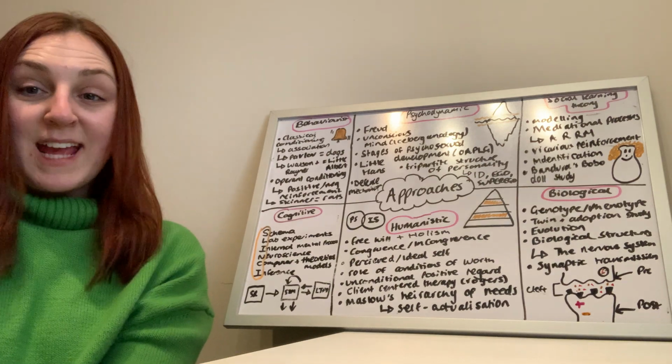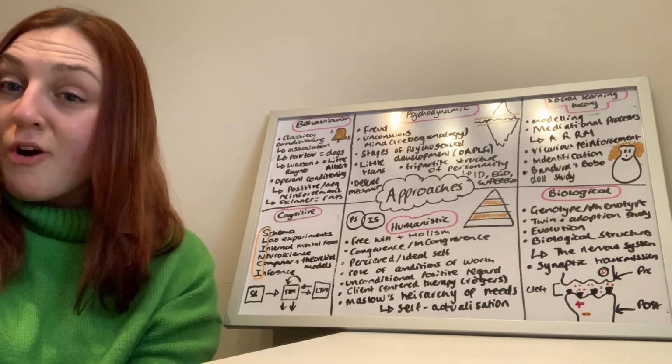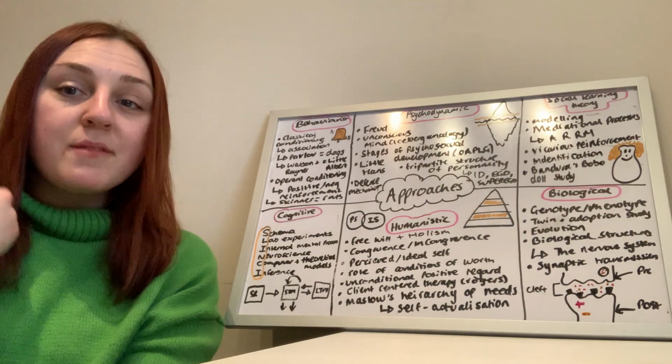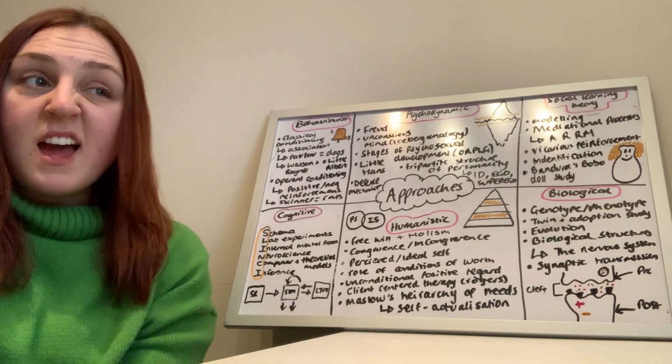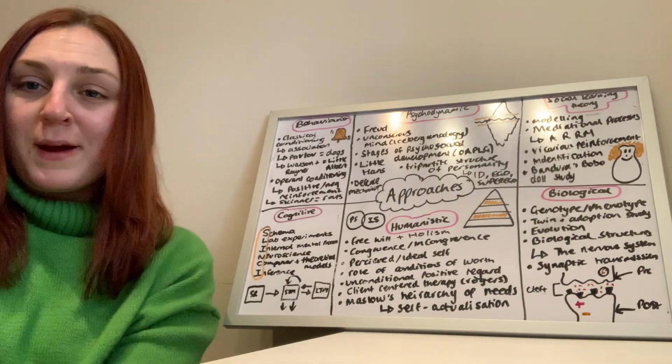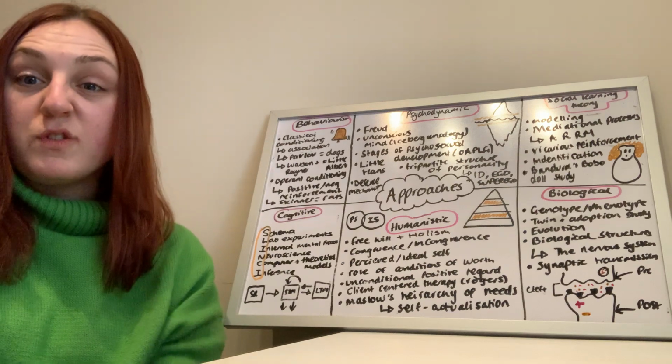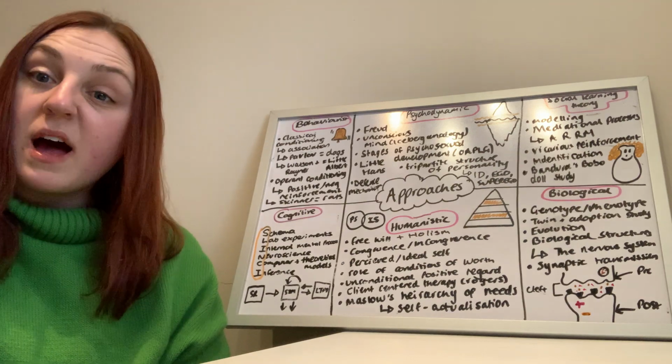So don't be afraid to get your pens out and have a little colour code and a draw. It's a good way to show clearly to the examiner that you understand that process, and also if you're running out of time, it's a quick way to get yourself a couple of marks. So I would always make sure that you've got that diagram and labelling as part of your response.